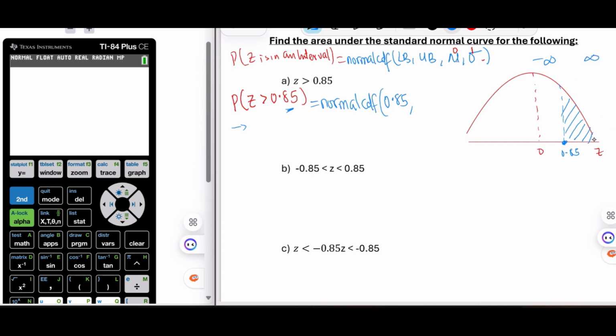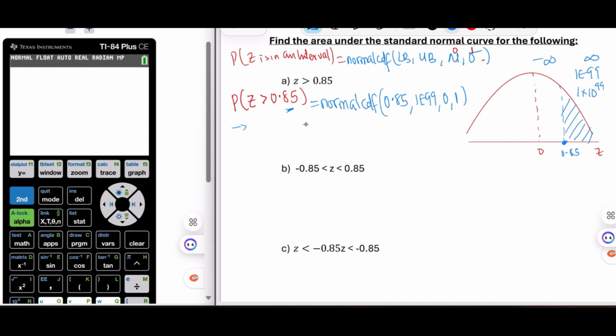This means that here we're going to positive infinity. But since we are using a calculator, instead of writing positive infinity, I'm going to use 1e99. What this means is 1 times 10 to the power of 99. This is a very large number, so this is going to indicate our infinity. So here I'm going to have 1e99, comma, the mean, which is 0, and sigma, which is 1.